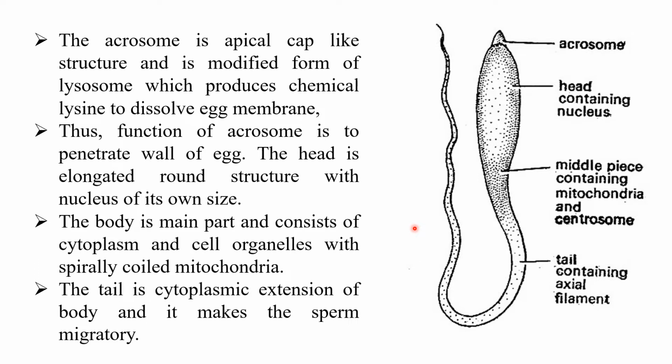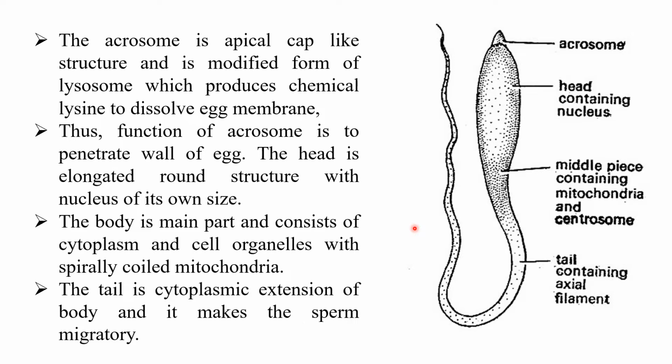The head is elongated, round in structure with nucleus of its own size. The body is the main part and consists of cytoplasm and cell organelles with spirally coiled mitochondria.